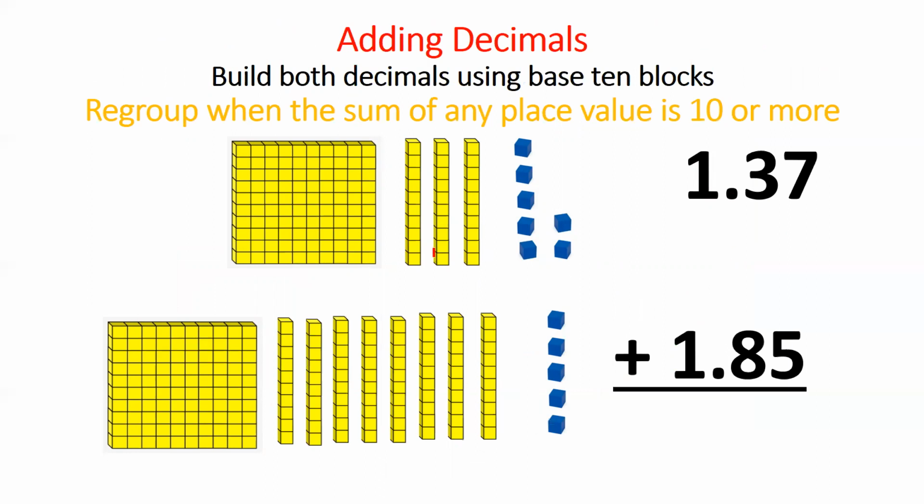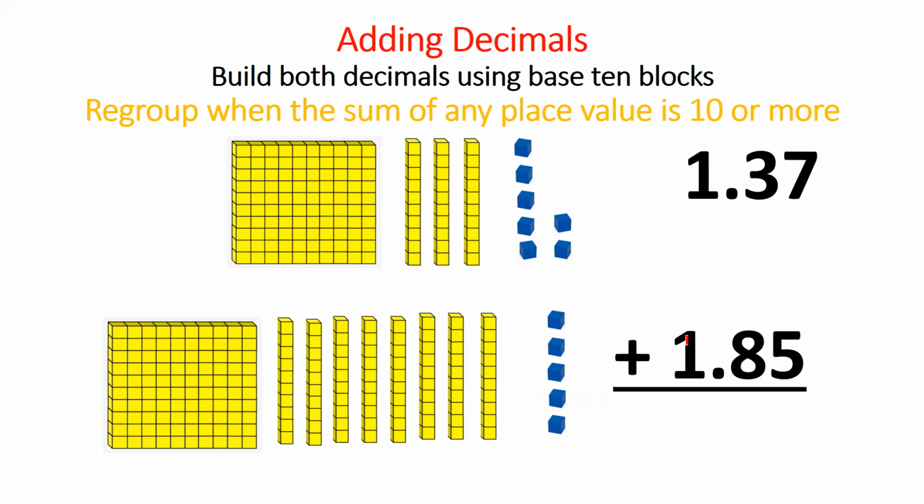So I have 1 right here represented by my flat, and the 3 tenths represented by my 3 rods. And then 7 hundredths represented by my 7 unit cubes. And so that becomes 1 and 37 hundredths.